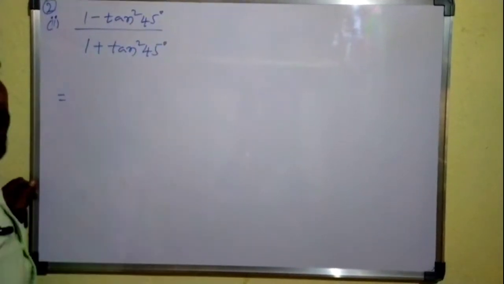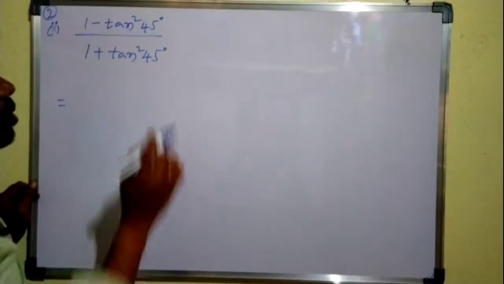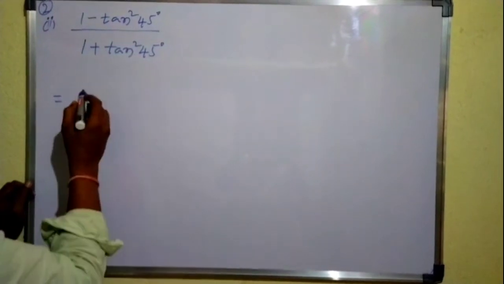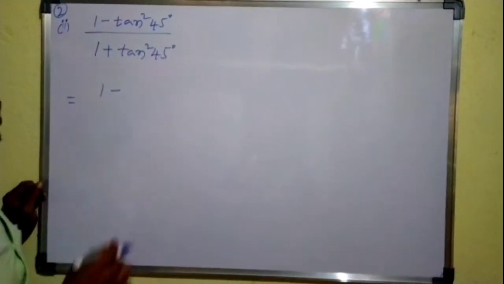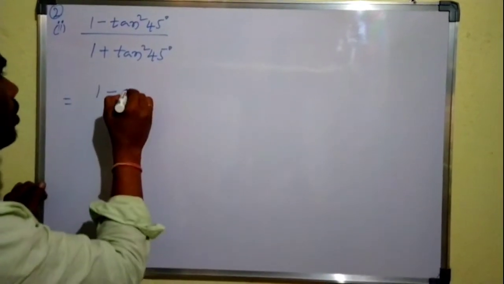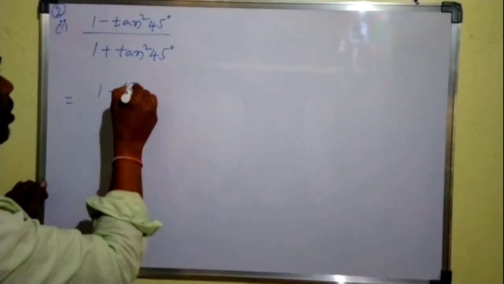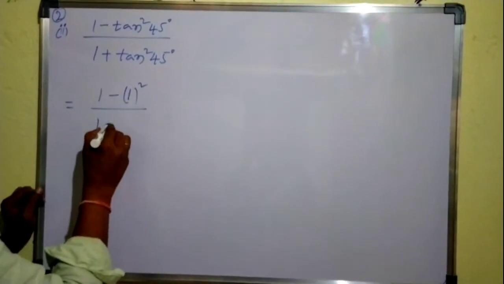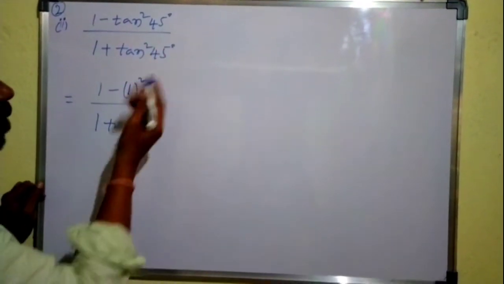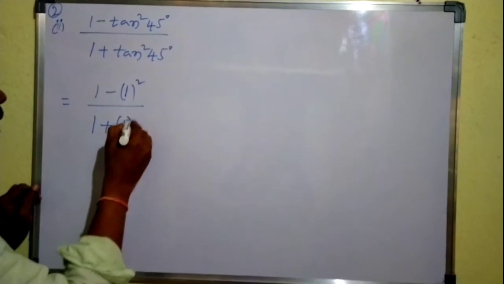1 minus tan square 45 degrees by 1 plus tan square 45 degrees. Tan 45 value you know is 1, so 1 minus tan 45, which is 1, square means 1 square, by 1 plus 1 square, tan 45 is also 1 square.